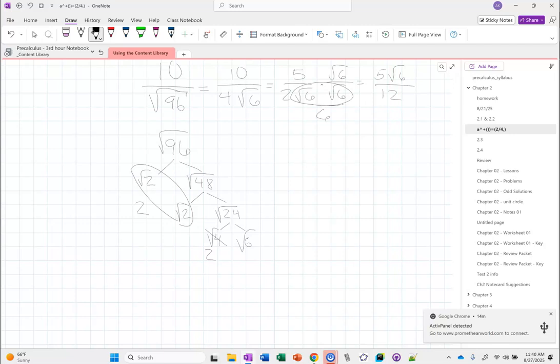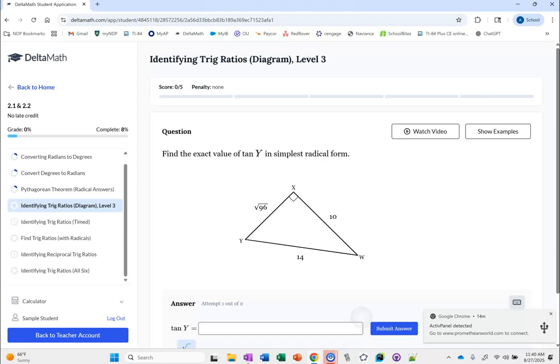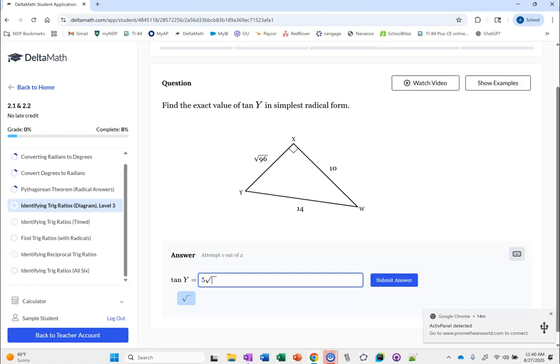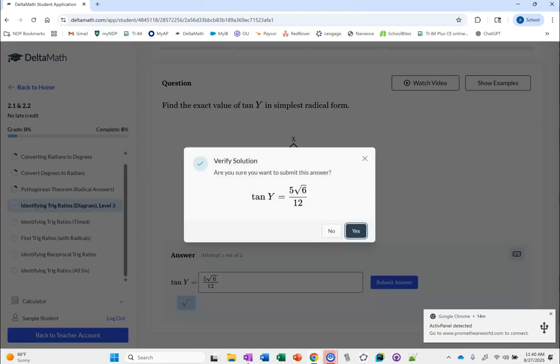But 5 root 6 over 12, that's what I'm looking for in the end. So 5 root 6 over 12.